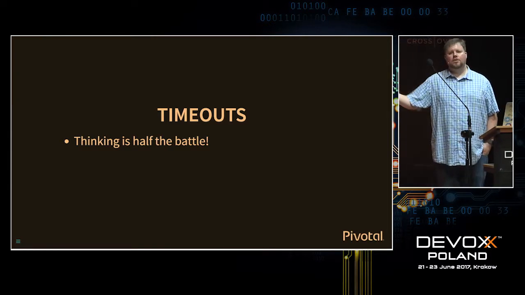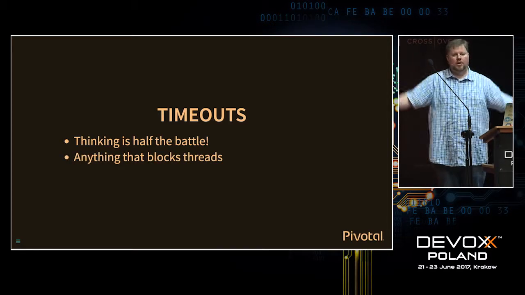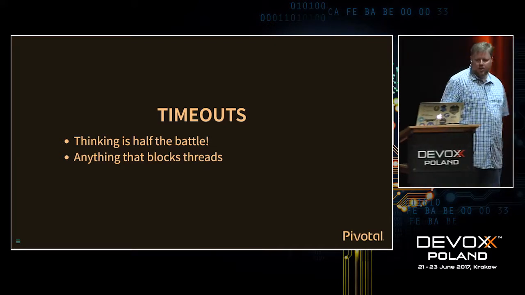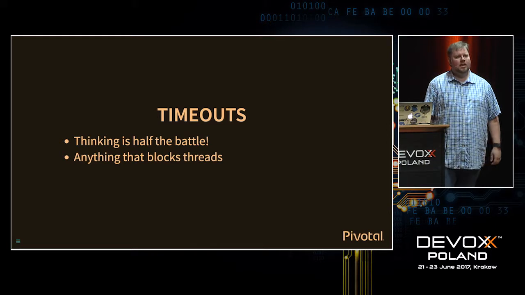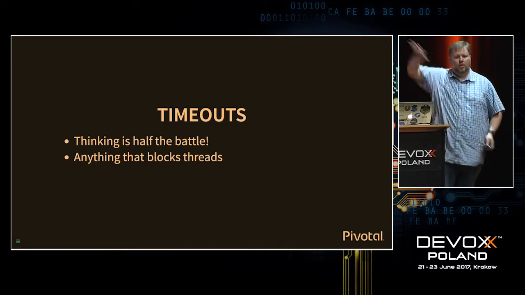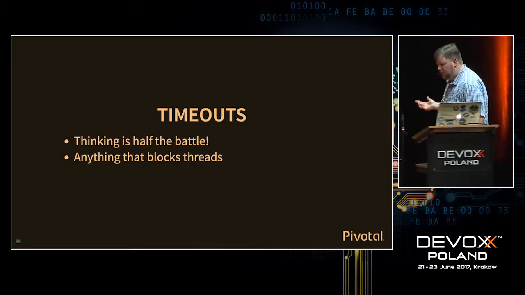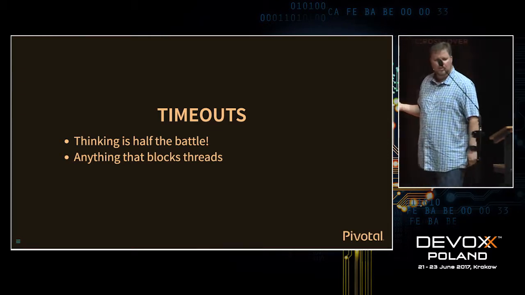So, okay, is the thing that I'm going to do going to block a thread? Yes. Okay, it's going to block a thread. That means that if I wait forever, is that thread ever going to unblock? No. Okay, well, do we have an infinite supply of those things?